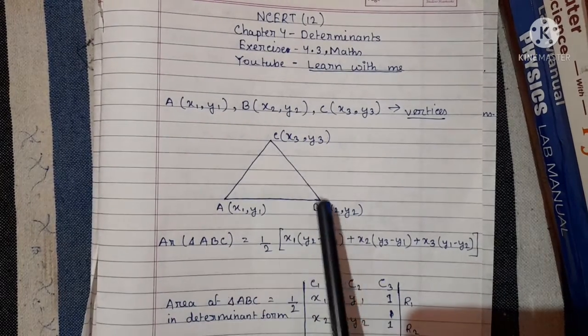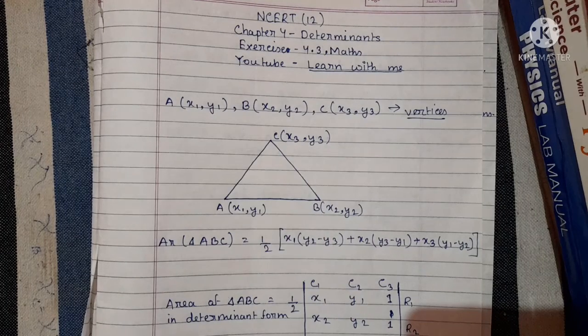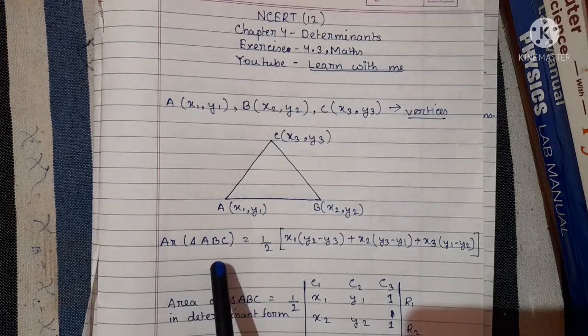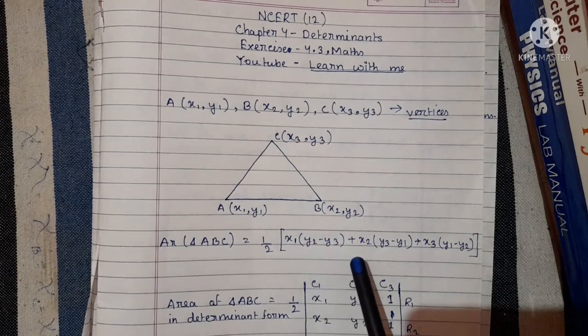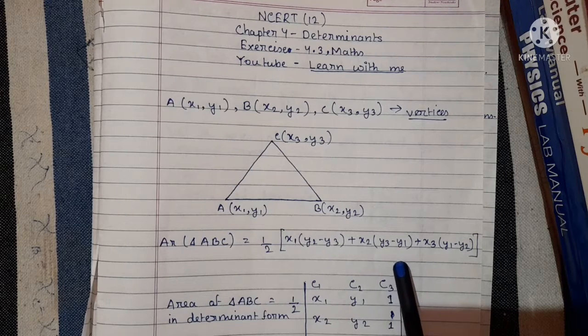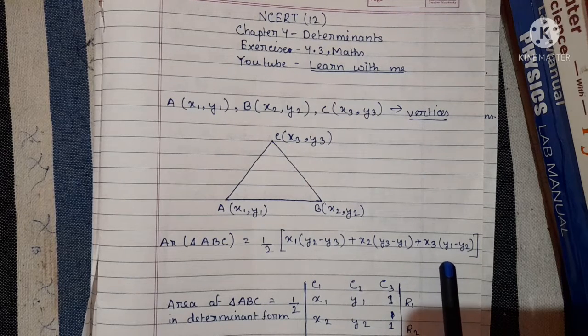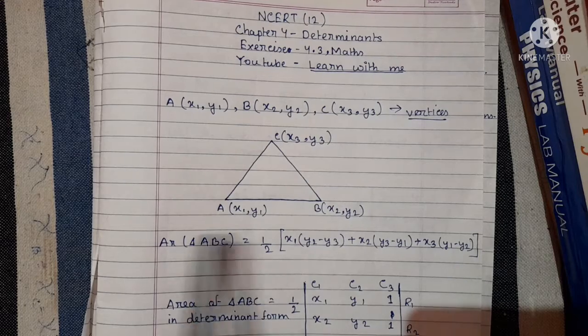By applying this formula, area of triangle ABC is equal to half into x1 into (y2 minus y3) plus x2 into (y3 minus y1) plus x3 into (y1 minus y2).